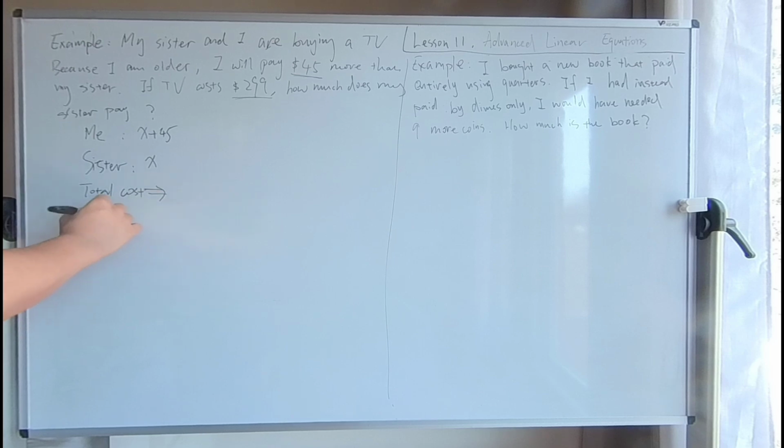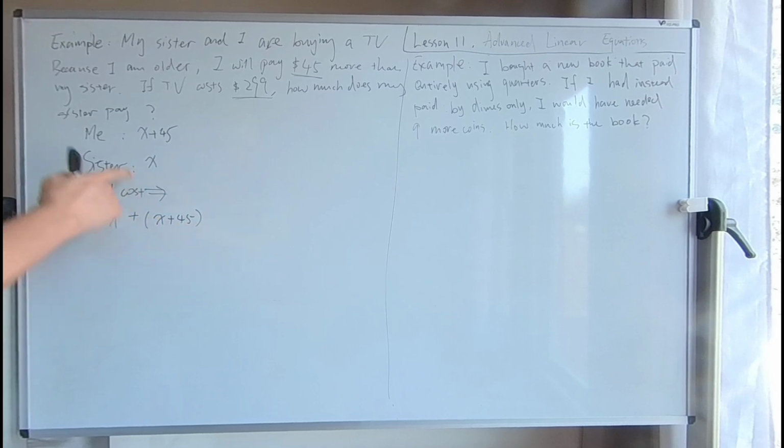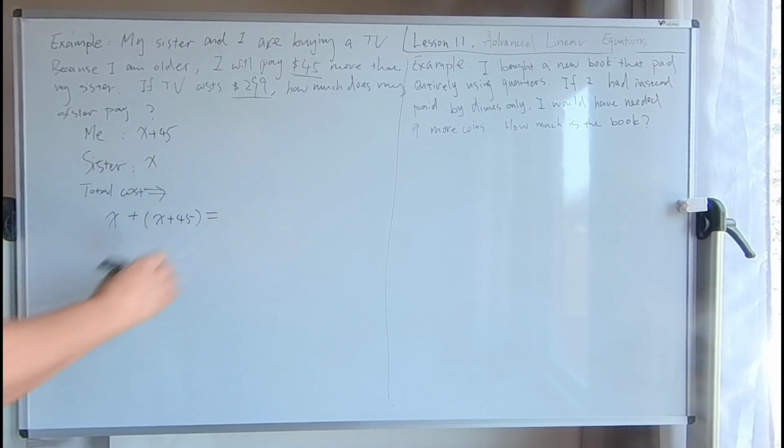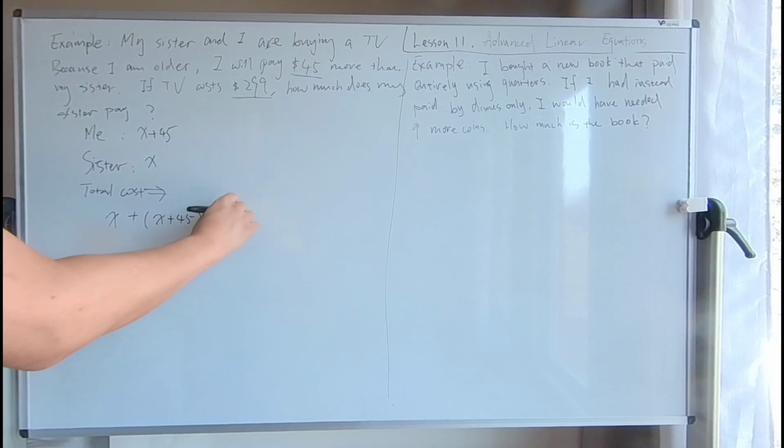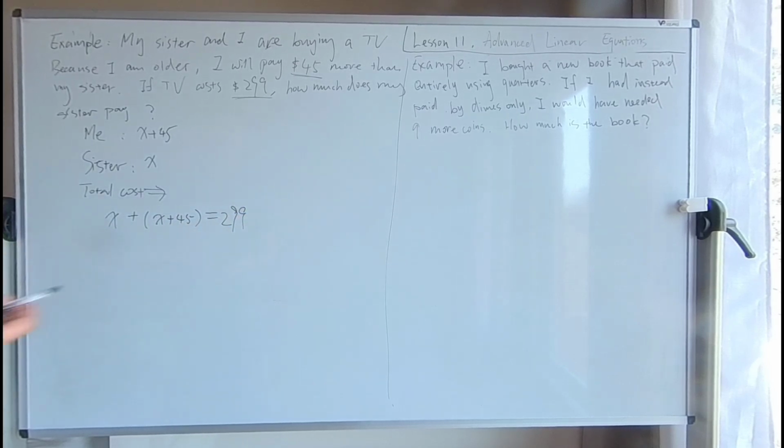So x plus x plus 45, from both of us, should equal the total amount of the TV, which is 299. Now we have one unknown variable, and we have constructed an equation coming from the word problem, from the equivalent quantity.